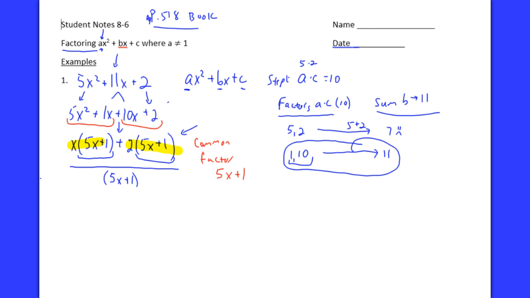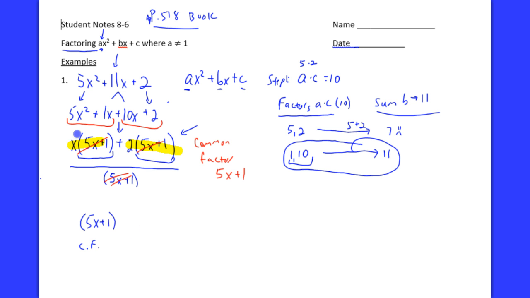Now look what happens here. I'll use red here to show you that these two factors cancel out and these two factors cancel out like that. So here's what we're left with. Remember when we would divide out a common factor from a term, we would write it up front. 5x plus 1 goes here. That's the common factor, CF, or the greatest common factor really.